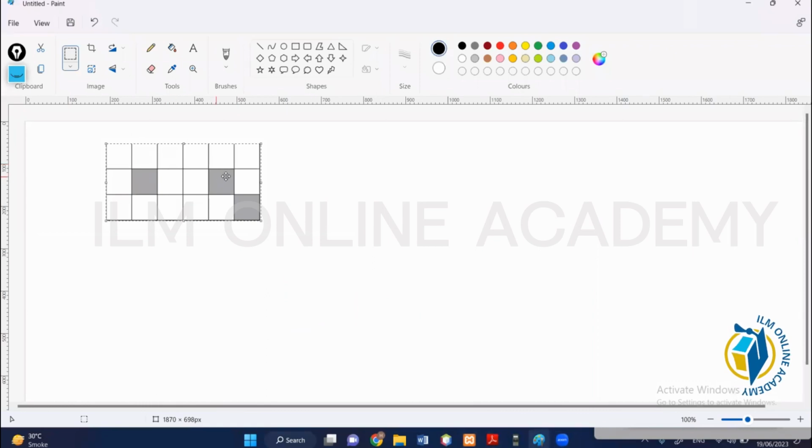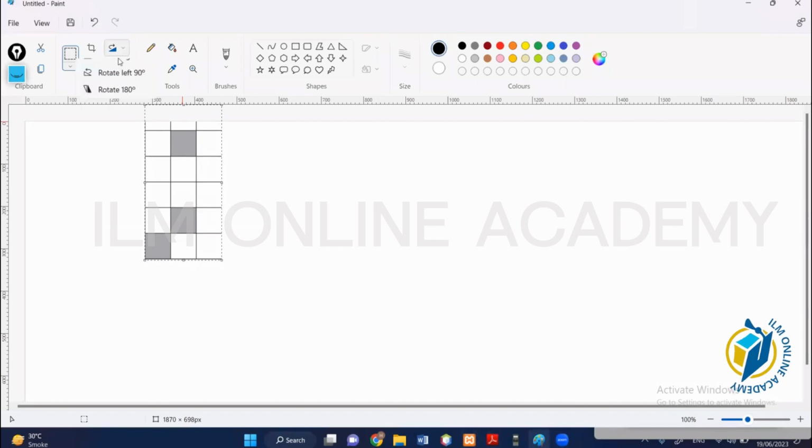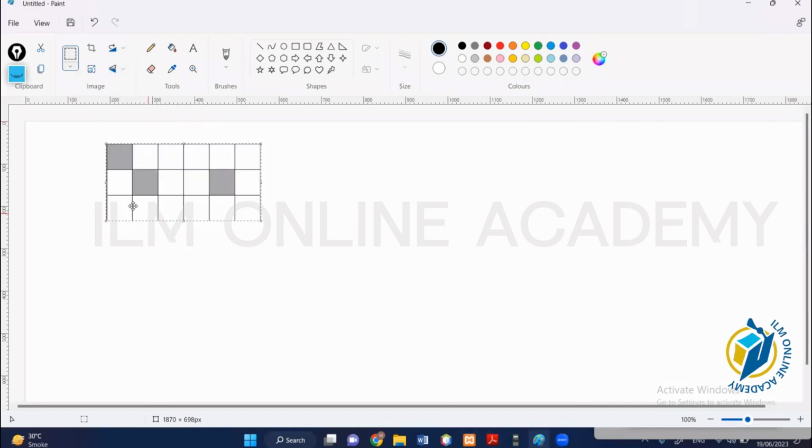What I have to do is rotate it by 180 degrees. See, first see that this is the original picture which we have in our PDF. Now I have to rotate it by 90 degrees, so one time, and then I have to reach 180 degrees.